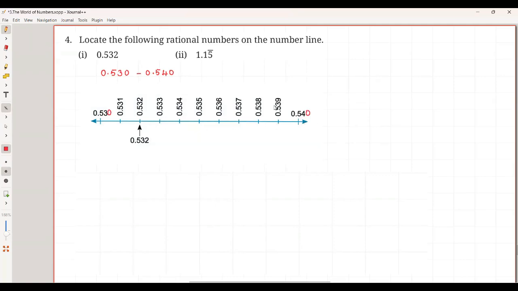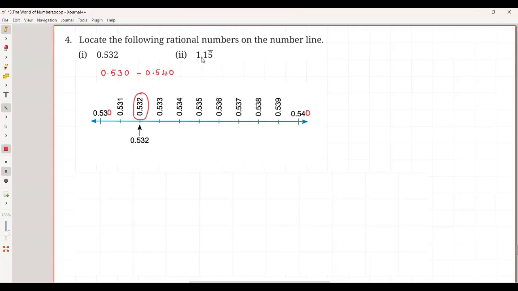Make 10 equal parts: 530, 531, 532, 533, 34, 35, 36, 37, 38, 39, then 40. Now we have to mark 0.532. This is 531, 532. Now this is our answer, we have to mark this.